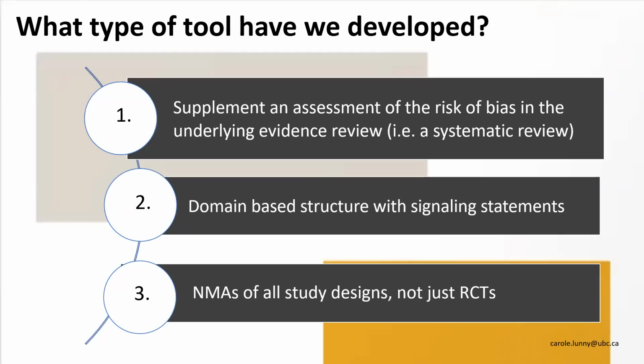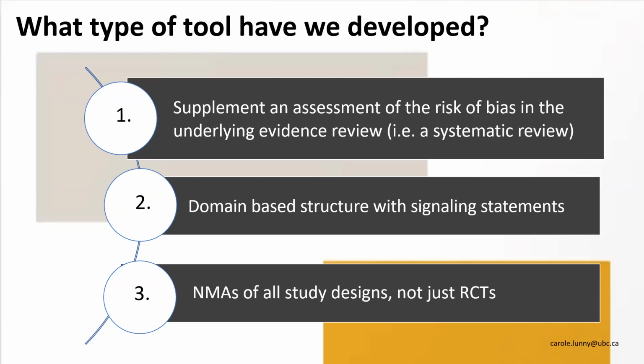So what type of tool have we developed? We made a few conceptual decisions at the beginning. Our tool is intended to supplement an assessment of the risk of bias in an underlying evidence review, ideally a systematic review. A systematic review with NMA contains many of the same steps as a systematic review with pairwise or traditional meta-analysis.